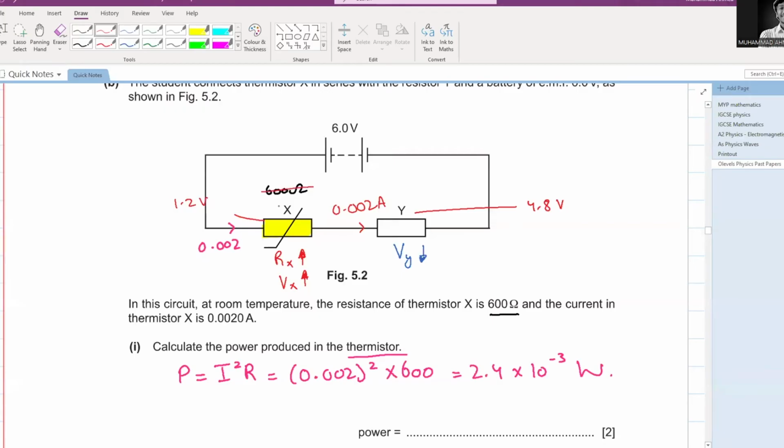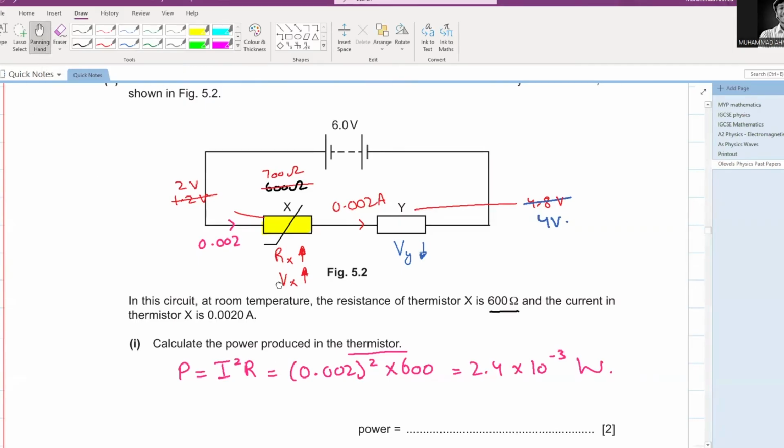When the resistance increases, this goes to 700 ohms. The voltage of X will increase, let's say to 2 volts. If the voltage across X goes to 2 volts, 2 plus 4.8 will be 6.8. This is not possible. This will become greater than the EMF of the battery. So this voltage of Y has to decrease to, let's say, 4 volts to cause the EMF of the battery to become 6 again. So write this here.